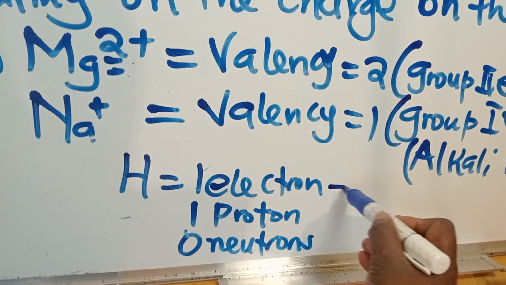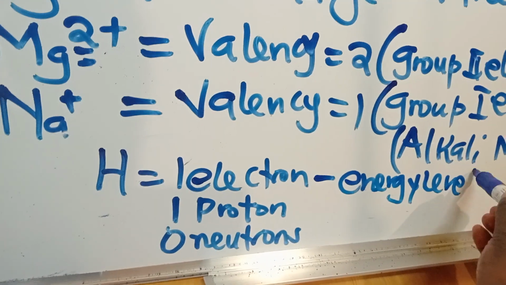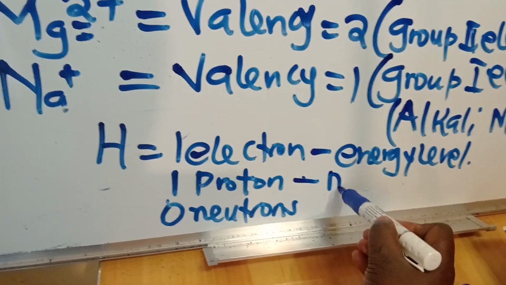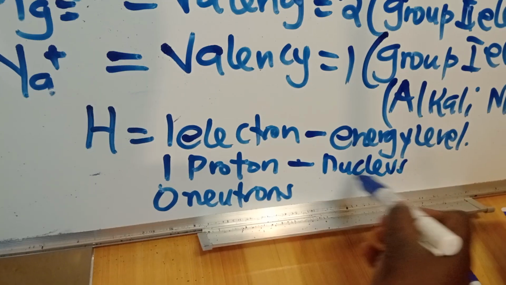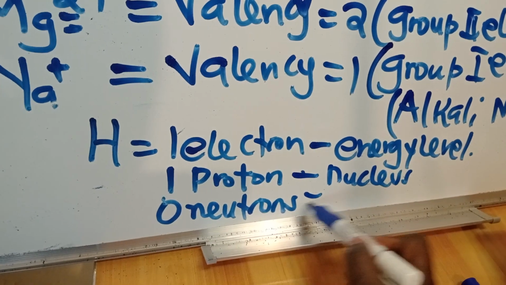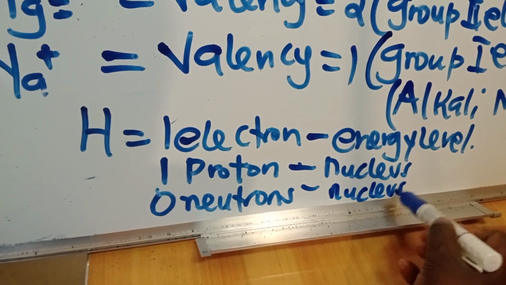This electron is in the only one energy level that hydrogen has. This one proton is in the nucleus. The same with the neutrons, though it does not have any neutrons, but neutrons are usually also in the nucleus.